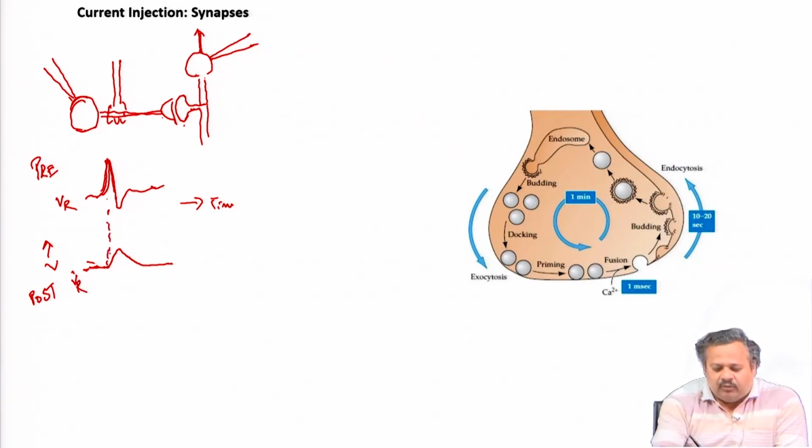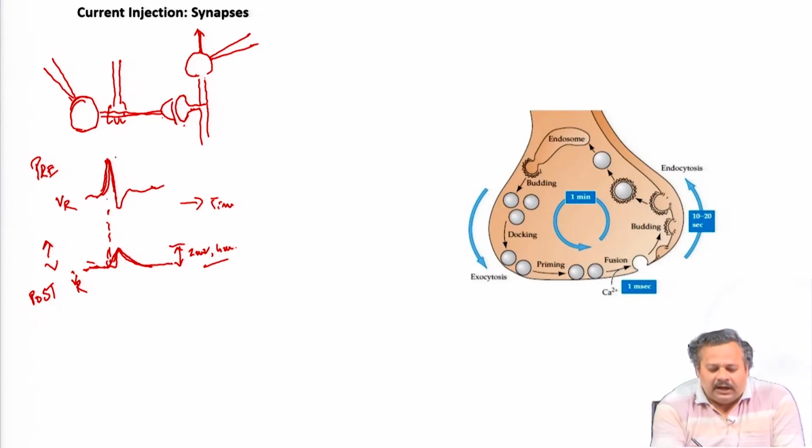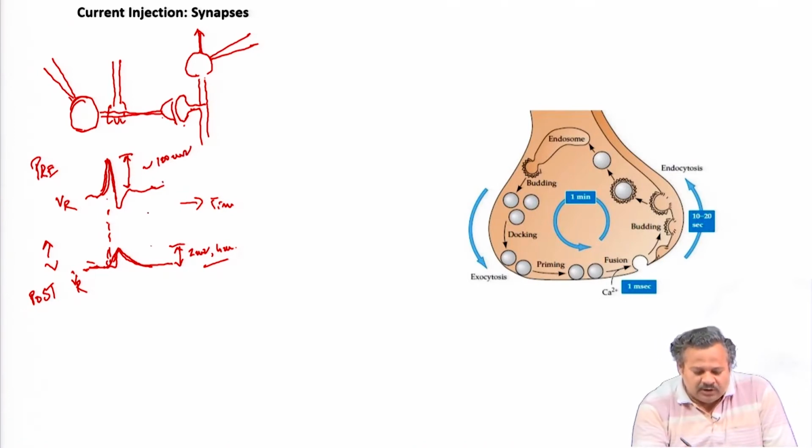When we have an action potential, with a slight delay we will get a change in the membrane potential of the next neuron, and this amplitude is maybe 2 millivolts, 4 millivolts, or of that order of a few millivolts, and this range here, as we know, is of the order of 100 millivolts. So, just to make sure that you do not confuse the scales on the two different plots.